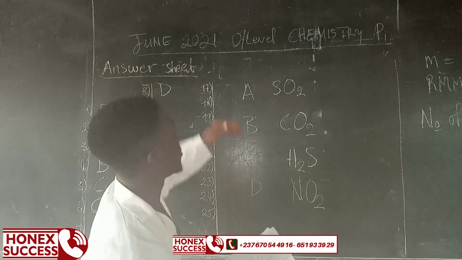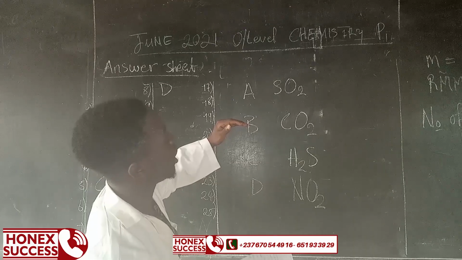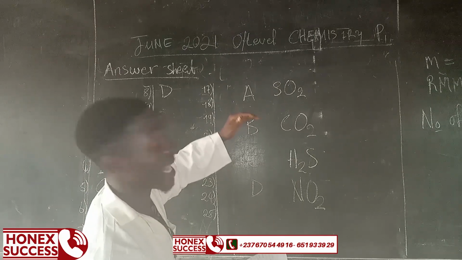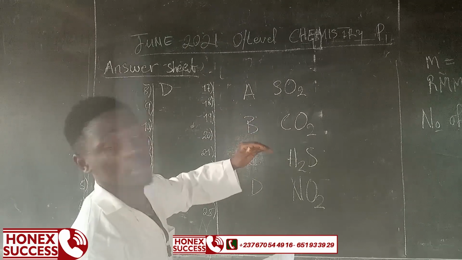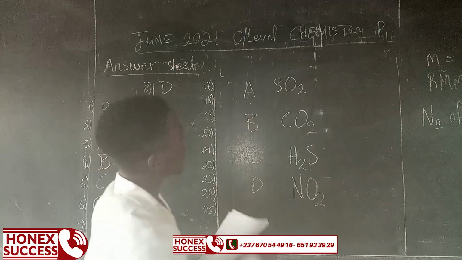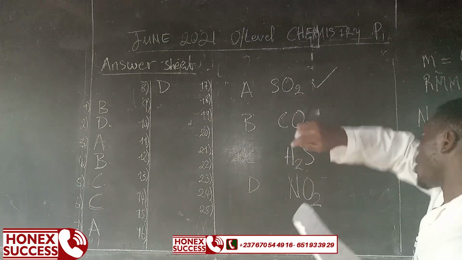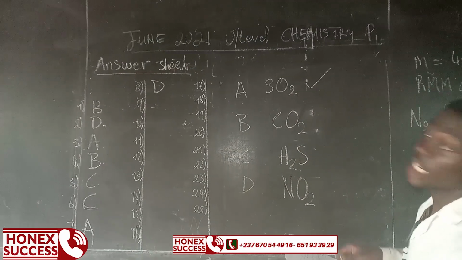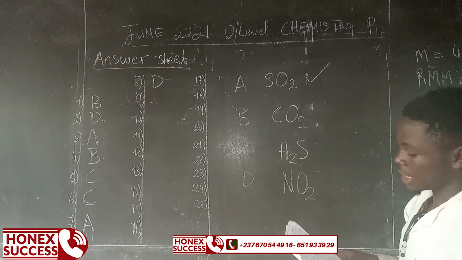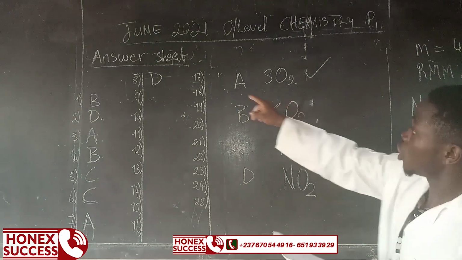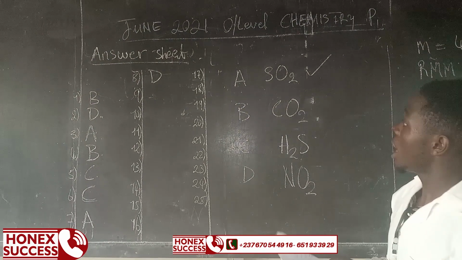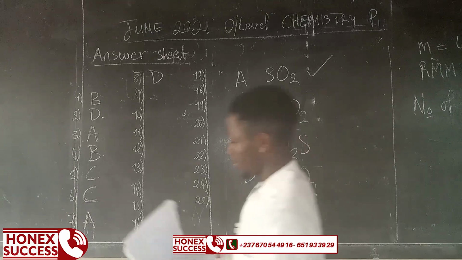Now, which between A and B is the acidic oxide that makes rainwater acidic? We discover that sulfur dioxide is the acidic component of acid rain. That brings us to option A as our correct answer.